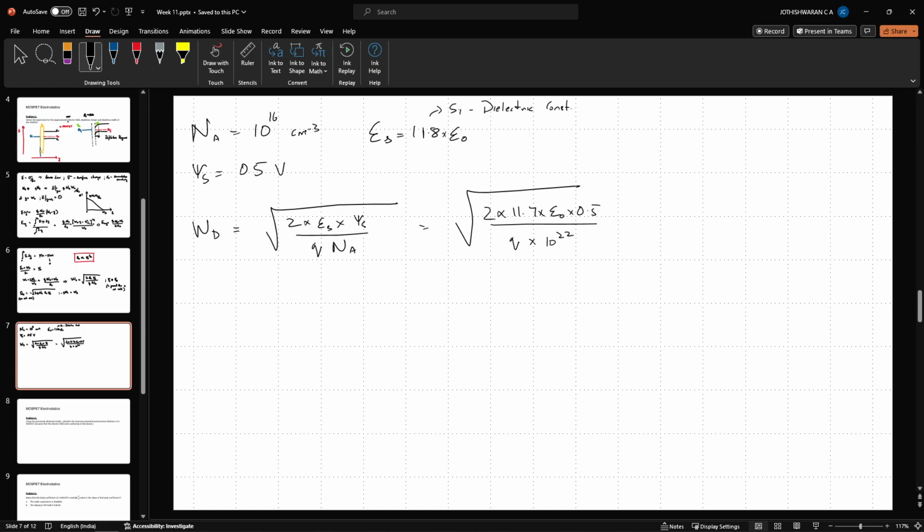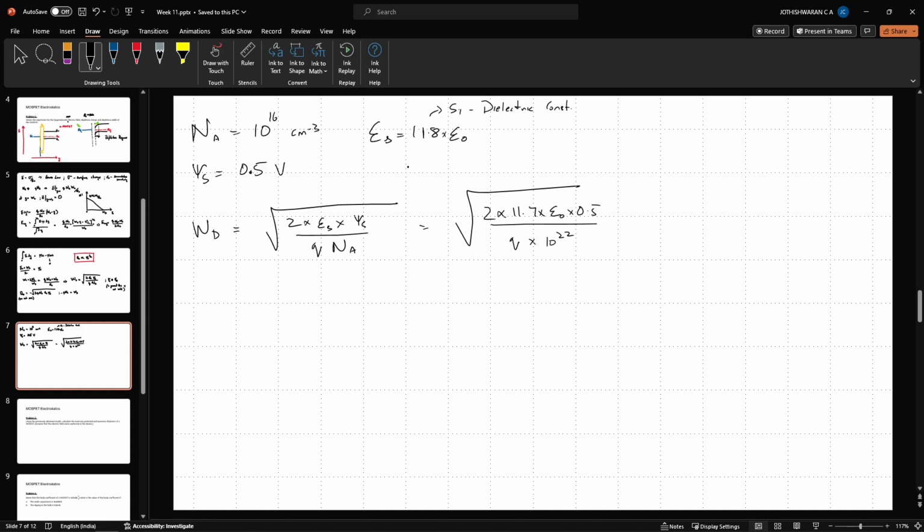So always pay attention to the volume unit here and the units in which you are using your different constants. So if the constants are given in SI units, remember to switch this to meter cube. If the constants are given in CGS units, then distances are measured in centimeter. You can go ahead and use the same values.